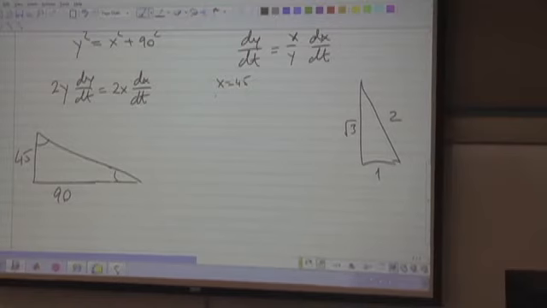Okay, so now y then is going to equal the square root of 90 squared plus 45 squared, right?